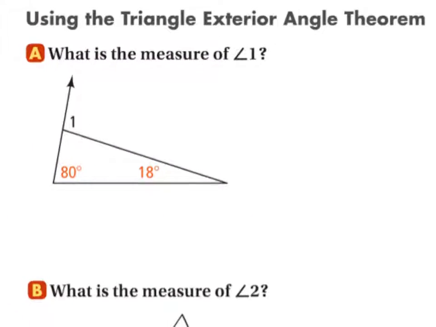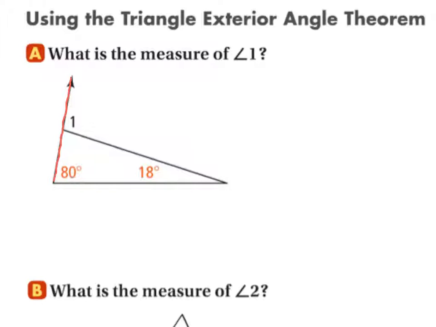Looking at example number 1. How am I going to solve for the measure of angle 1? Okay, I see that angle 1 is an exterior angle. First off, I can identify that because I see that it forms a linear pair with its adjacent interior angle.